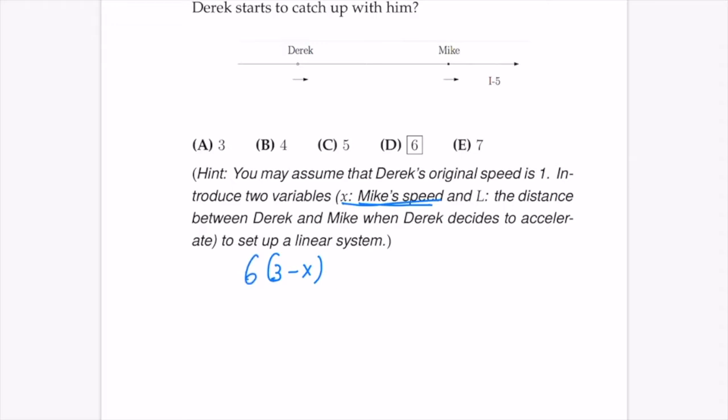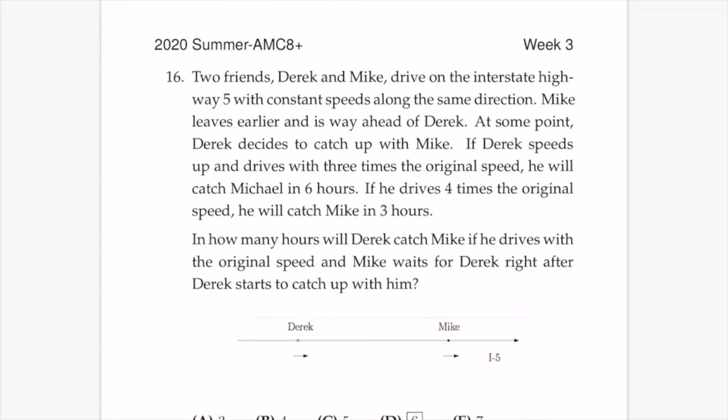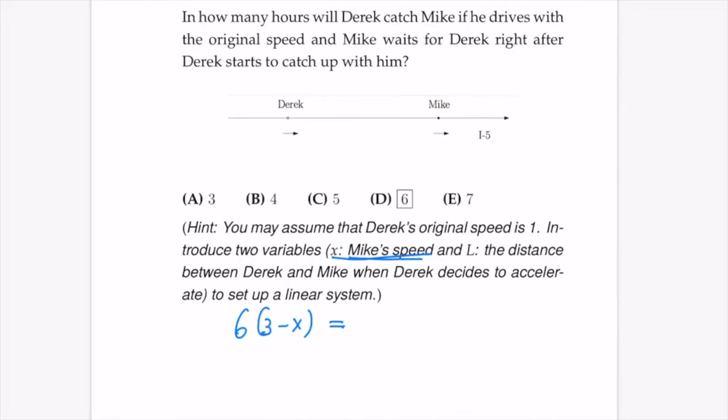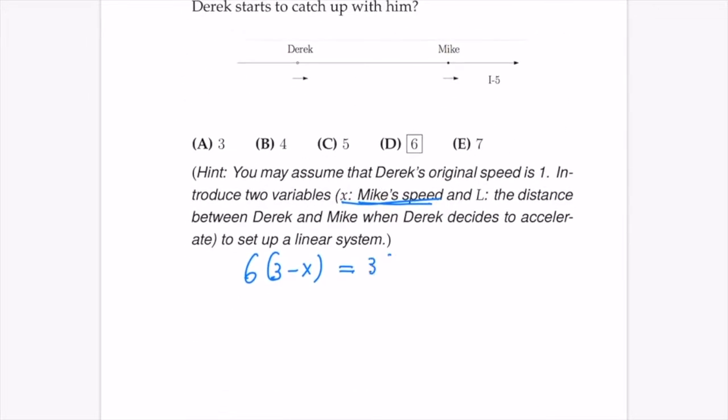That would be the same as if the rig speeds up 4 times, and he will catch up with Mike in 3 hours. So that will be 3 times 4 minus x. And this number is equal to L, which is the distance between the rig and Mike, so that the rig can make up that distance to catch up with Mike.